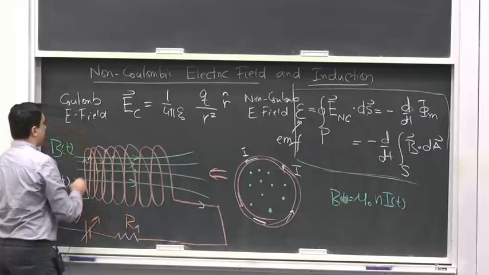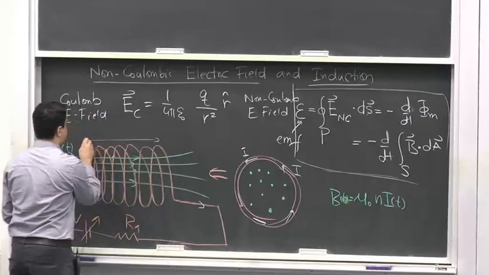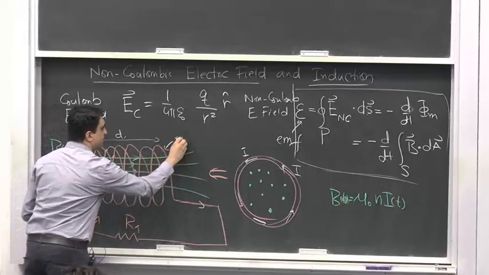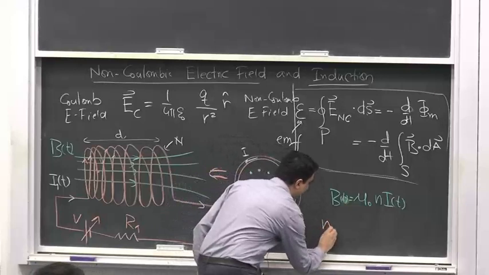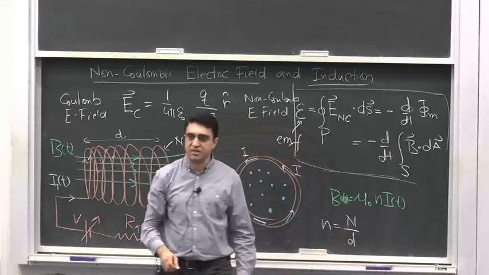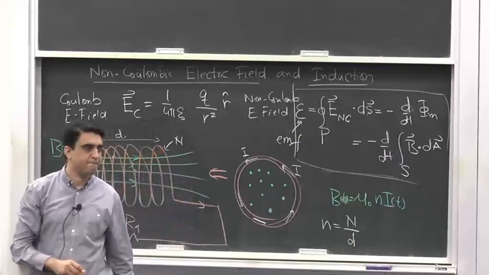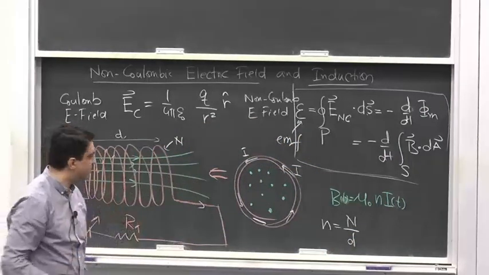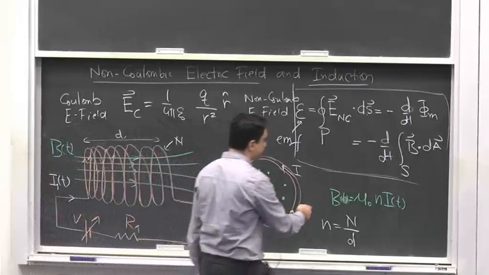So if the length of the whole solenoid is d and N is the total number of loops, then the small n is given by the total number of loops divided by the total length of the solenoid. So it depends really on how dense those coils are, and the denser they are, the higher the field would be.